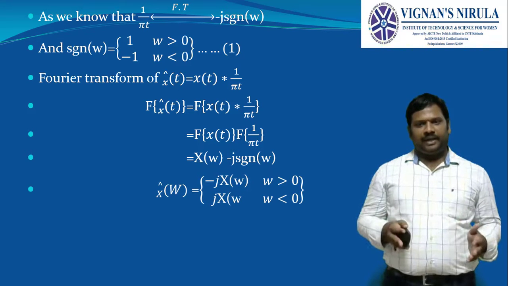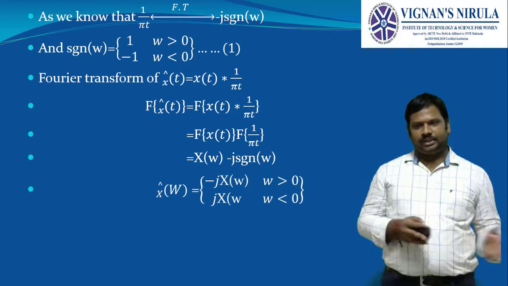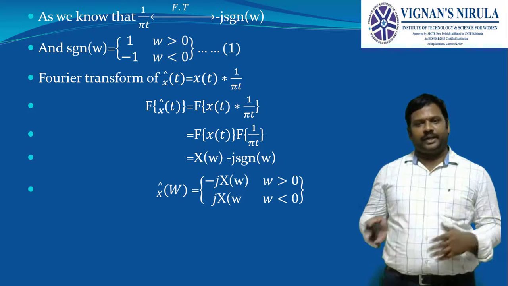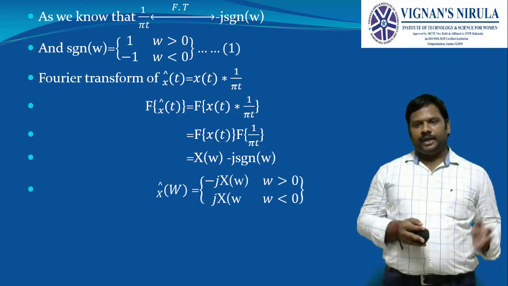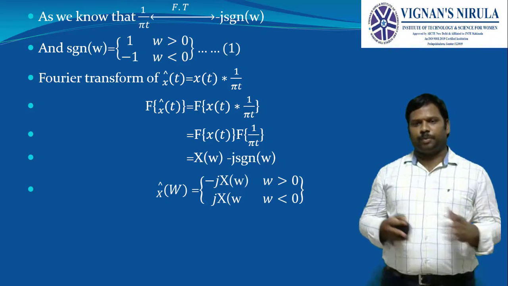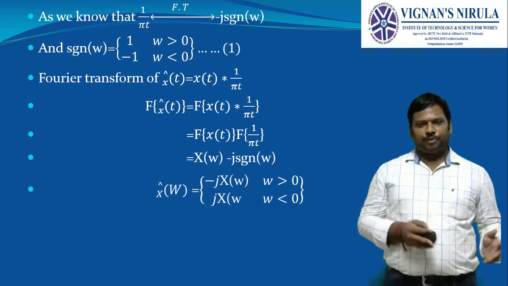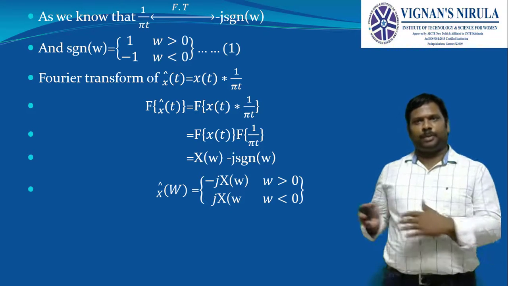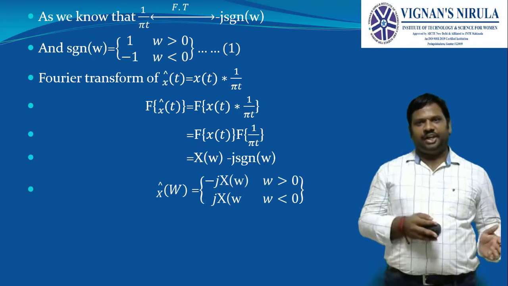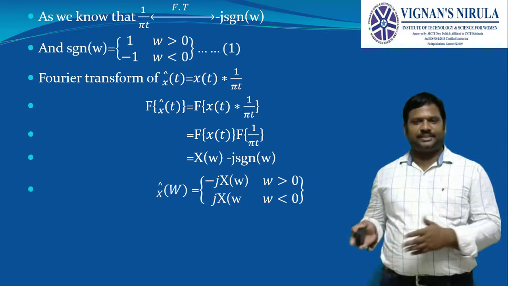Then signum of omega is taken as 1 for omega greater than 0, and as minus 1 for omega less than 0. Therefore, X cap of omega is equal to minus j into X of omega for omega greater than 0 and j into X of omega for omega less than 0.